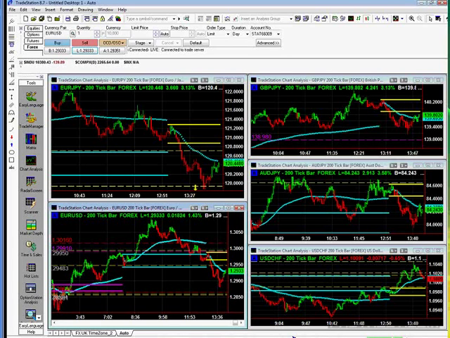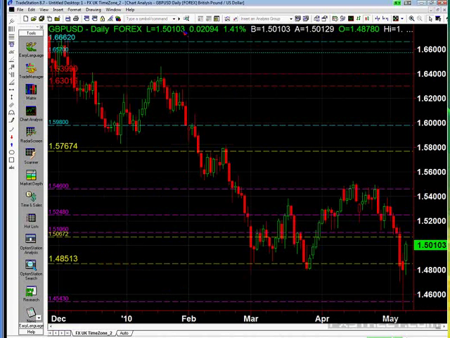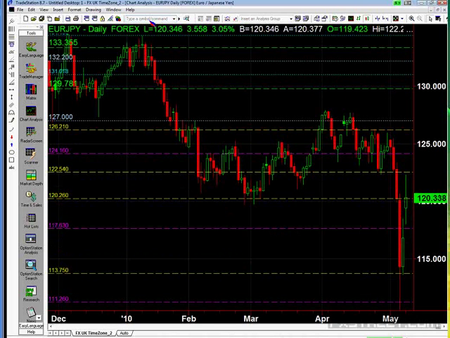The market today, guys, with the amount of technology that's available, with the computer programming, we have to approach the market in a completely different way.